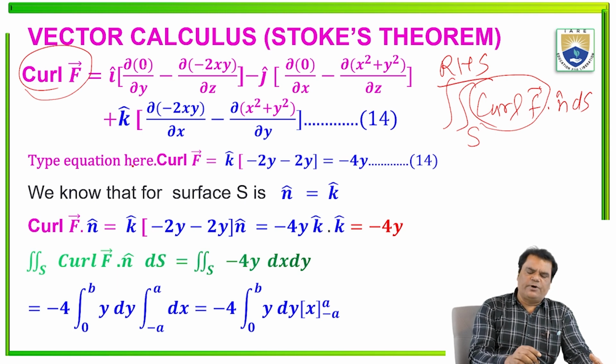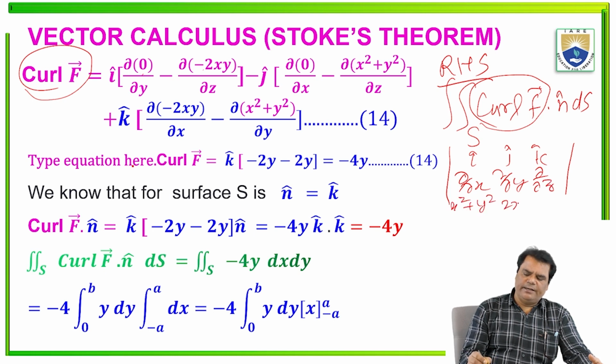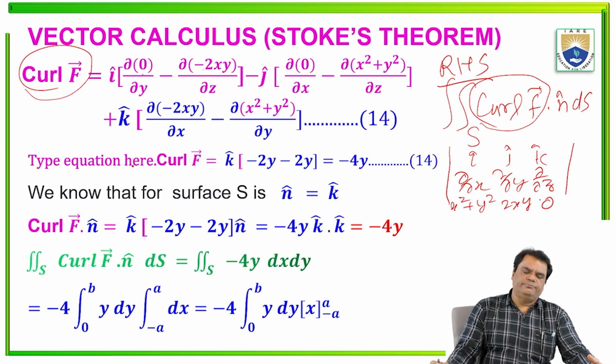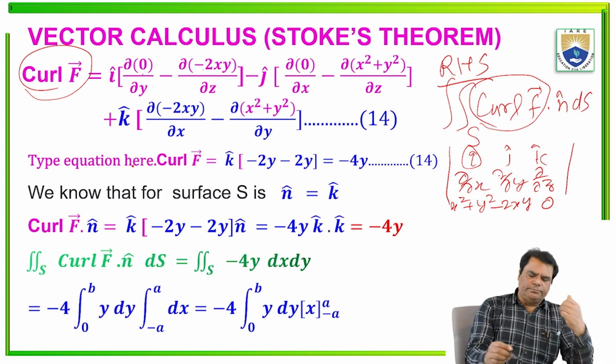So apply the vector point function here: 0 here, and minus 2xy. In the same determinant, here i and here j, here dou over dou x, dou over dou y, dou over dou z, then x square plus y square, 2xy, and 0, minus 2xy. Now after calculating, taking first the i term, this cancels: dou over dou y of 0 minus dou over dou z of minus 2xy.